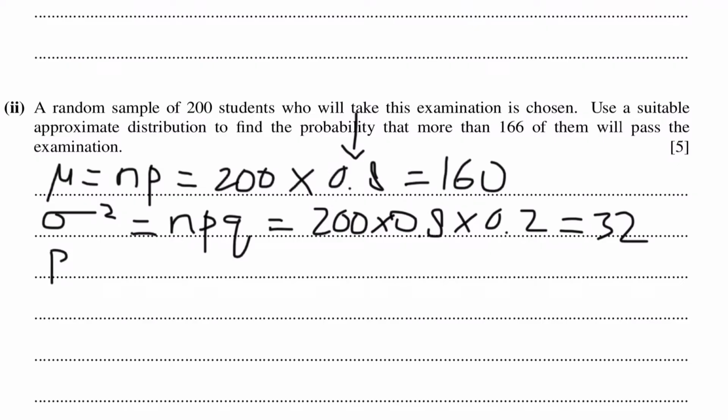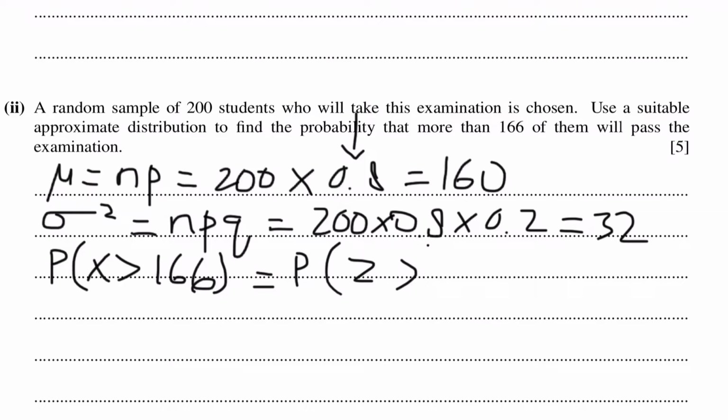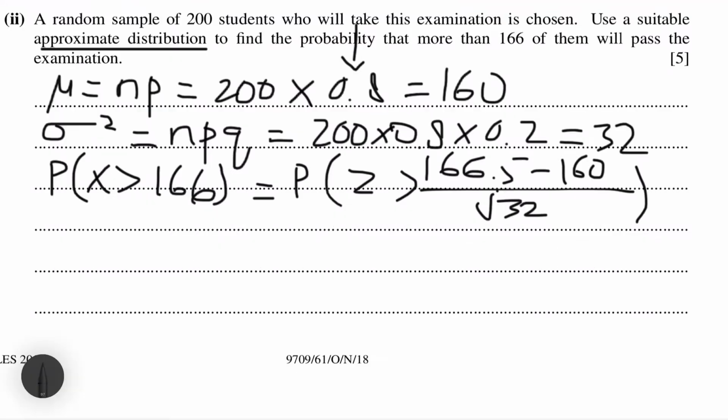So for x to be larger than 166, P is equal to 166.5 minus 160 divided by the square root of 32. Now remember that for approximate distribution, this sign and this sign means minus 0.5, and this sign and this sign is plus 0.5. That's why I put 166.5 instead of 166 alone.